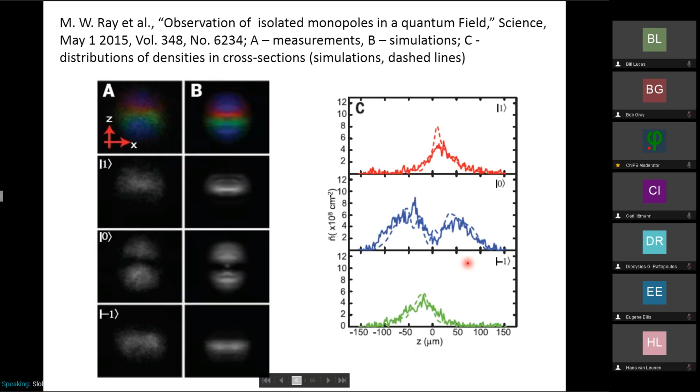So here is some information, some insights, some results from experiments conducted in the domain of quantum mechanics, where they succeeded in separating a particular vortex ring into two parts, claiming that it's a kind of magnetic monopoles and so on.